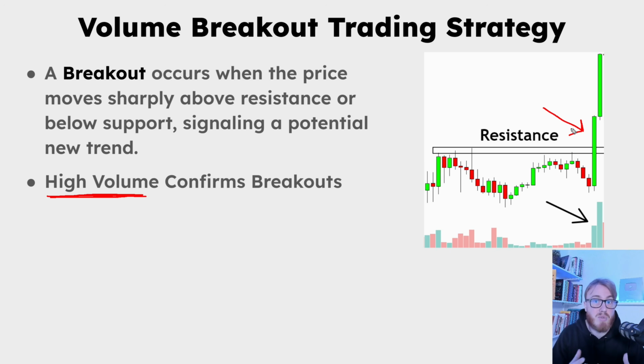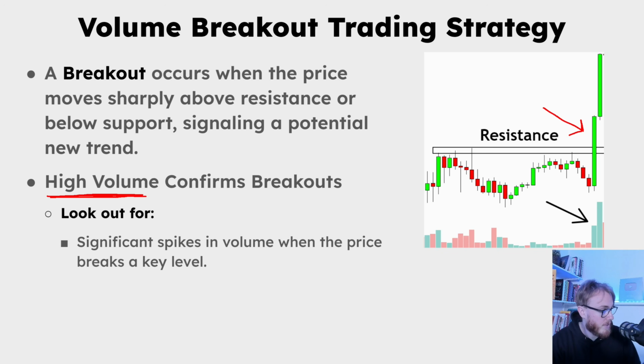So when we see a strong breakout, if you are a bullish trader, you of course want many buyers to support and confirm that breakout. So high volume during a breakout is something to look out for. Once again, just to repeat, we want to look out for significant spikes in volume when the price breaks the level.